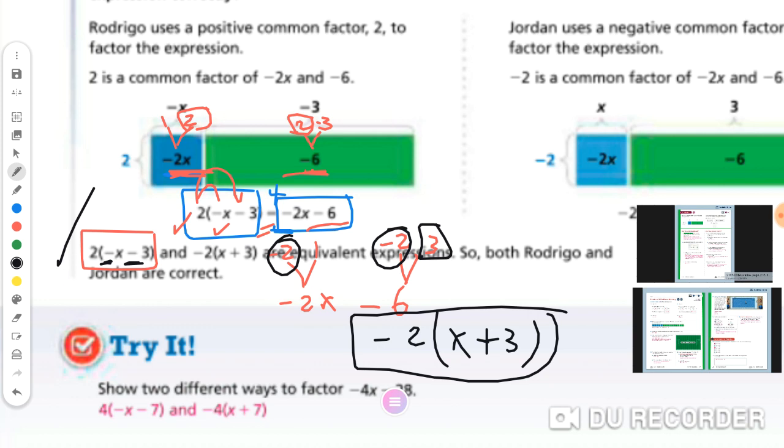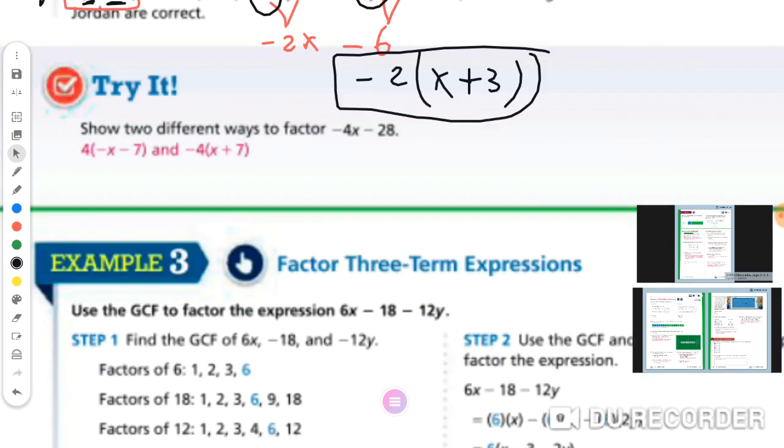Okay? What about the next one? The same. What are the factors of 4? Actually, it's 1 times 4. You can see that we have negative sign for both, so we can take negative 4. And here, it's negative 4 multiply 7.